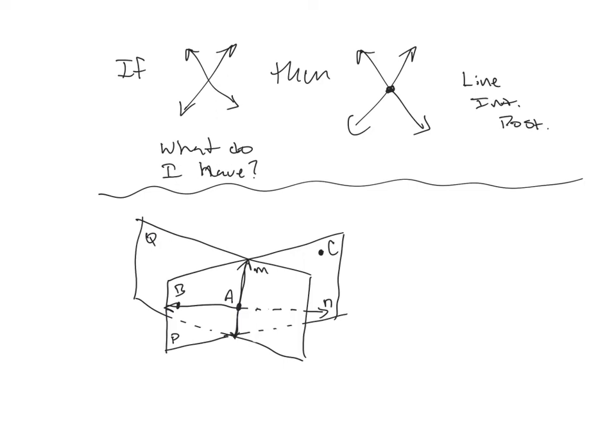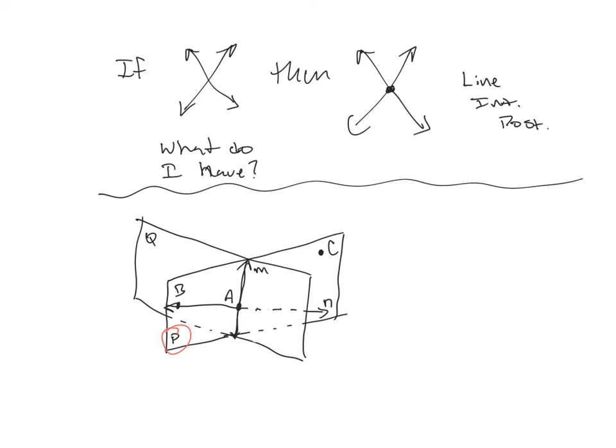The plane point postulate says a plane contains at least 3 non-collinear points. So where do I have 3 non-collinear points? Well, A, B, and C. And they're in plane P, if you look down here.